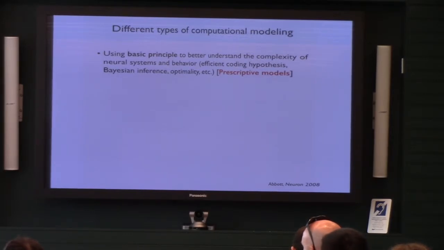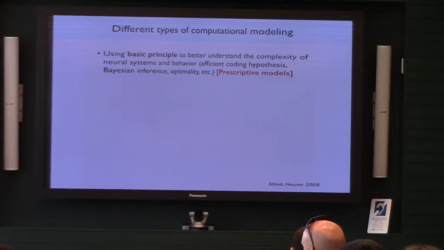There are many notions of what is optimal in terms of neural processing or behavior that can guide you in understanding the behavior you observe. Because again, this group is concerned with naturalistic stimuli and experiments. When you go into the experiment, it's usually very difficult to figure out what is going to happen.